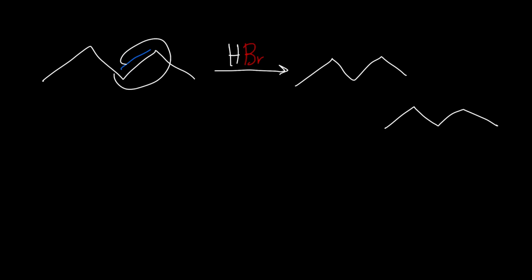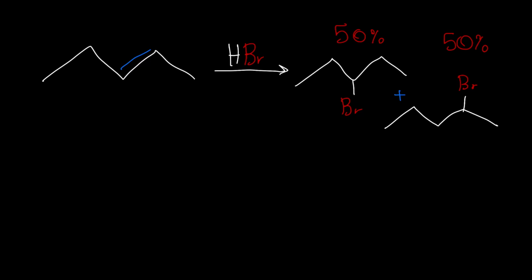since this is the double bond, the bromine could either be on the left side of the double bond or it could be on the right side of the double bond, and the product would be a combination of these two, and each one would be about 50% of the solution.